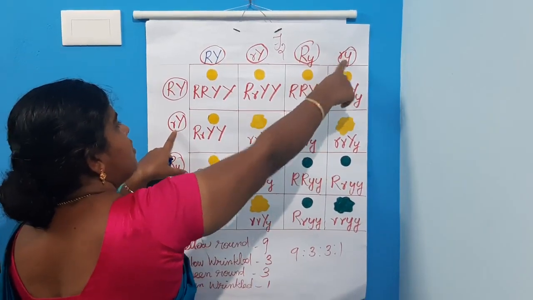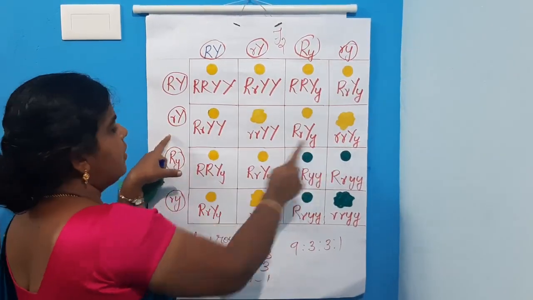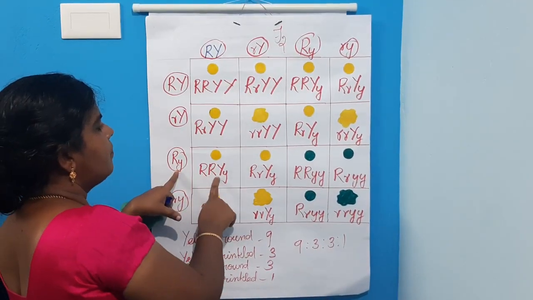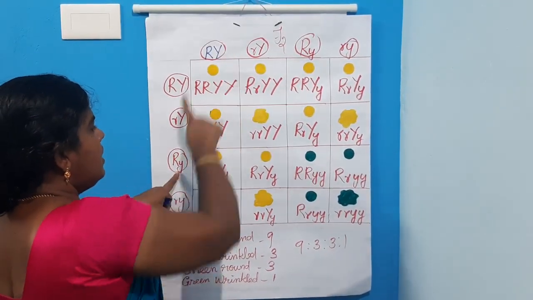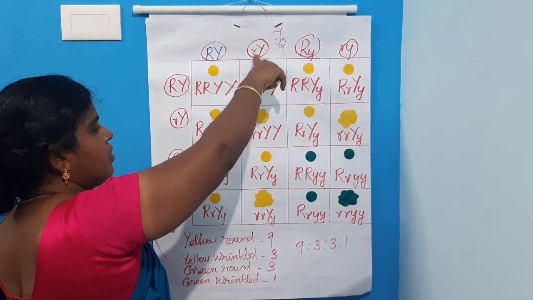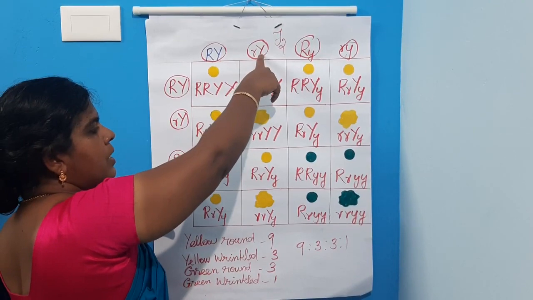Then here these two you have to write down here. Okay. Then capital R, capital R, capital Y, small y. Capital R, small r, capital Y, small y.